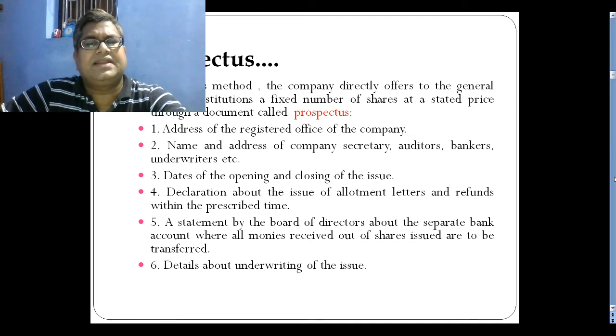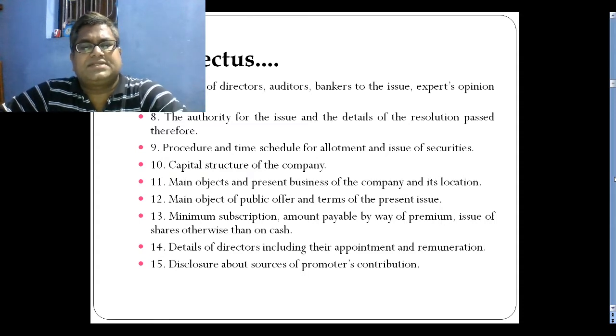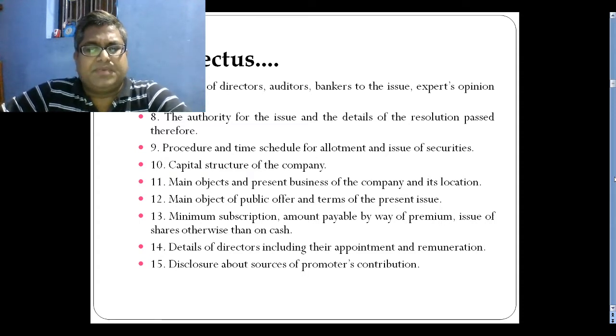Another is the consent of the directors, auditors and bankers to the issue, and the resolutions authorizing the issue of shares, the procedure and time schedule for allotment, the capital structure, main objects and present business operation of the company and its location.